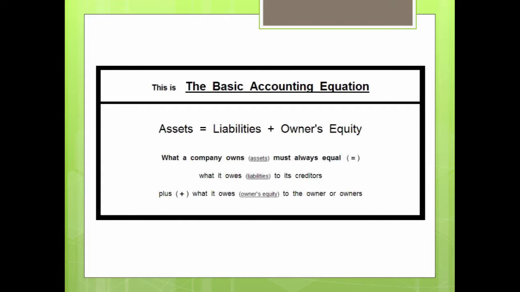Once that is taken care of, whatever is left belongs to you as a business owner. This is owner's equity. If at any time you want to know how much your business is worth, what you can do is subtract the liabilities from the assets in order to determine that value.